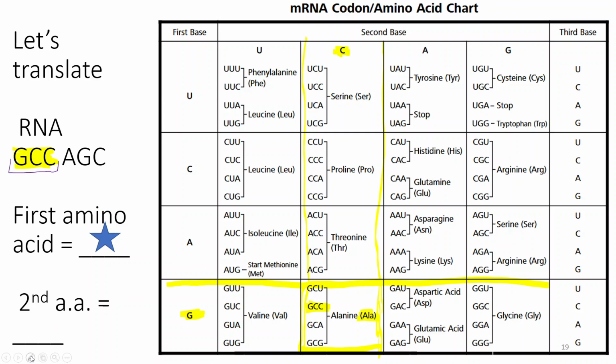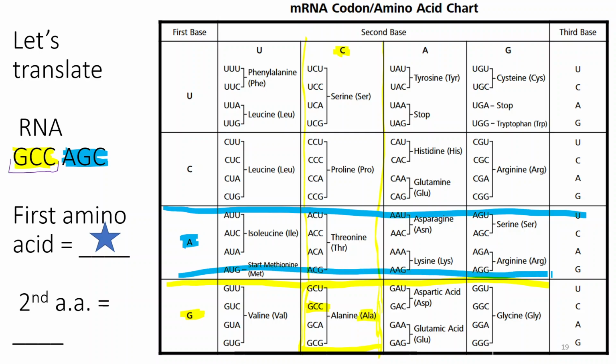Now we're going to do our second one. Our second one I'm going to do in blue. This is our second codon. We start with A, our first nucleotide. That's this one. So we know we're going to be in this row. Then we have G. We go over to the G column.